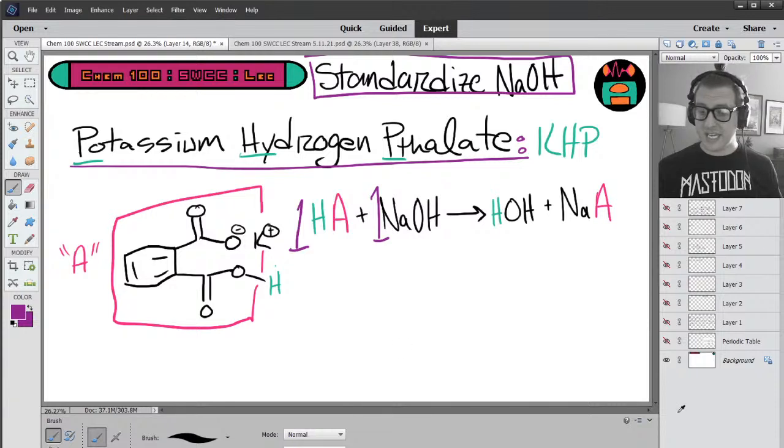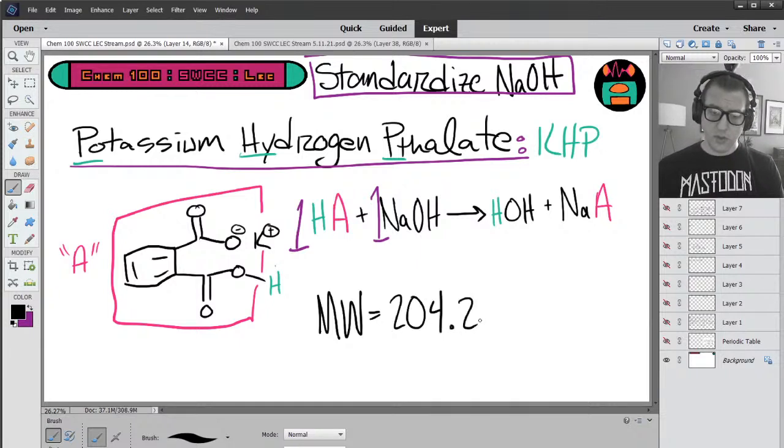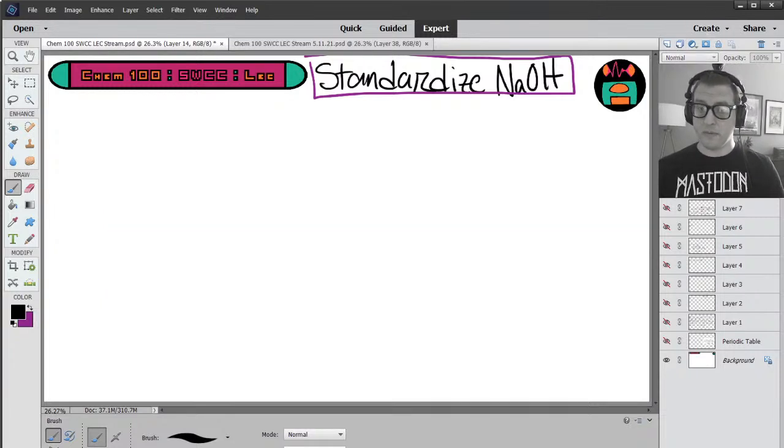You don't need to know the structure of this guy. You do need to know its molecular weight. It's rather large. As we talked about in the last problem, it's 204.22 grams per mole. All right, so that's potassium hydrogen phthalate, KHP. And this is the reaction, the acid-base reaction, for the standardization step of this experiment.